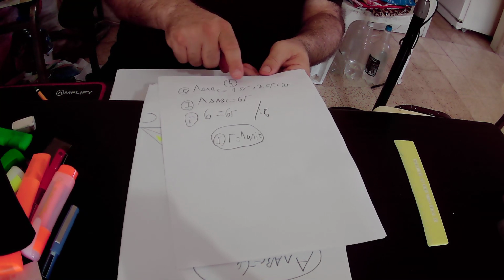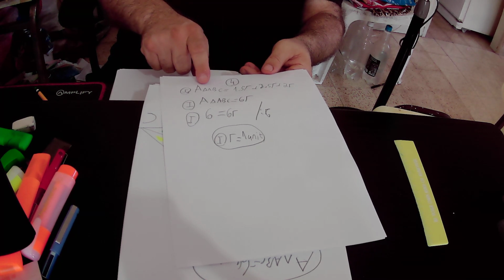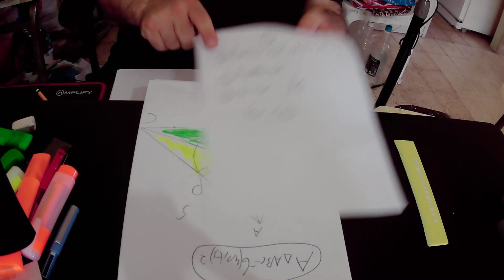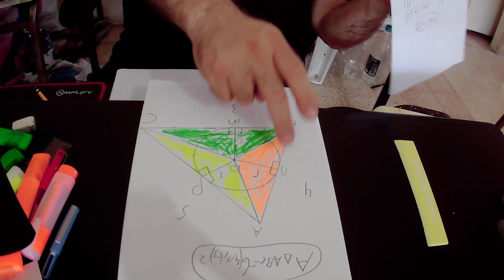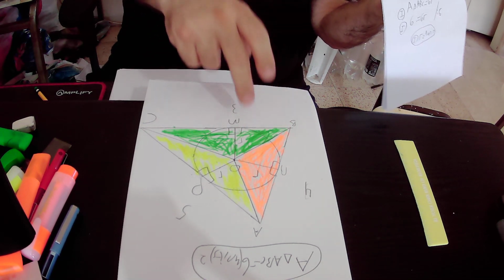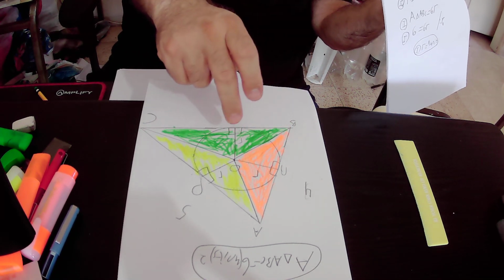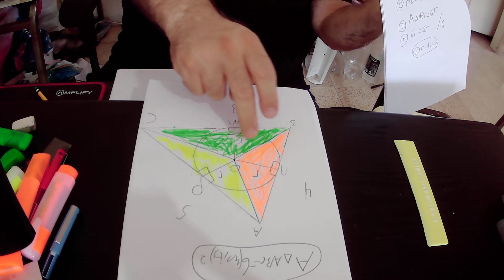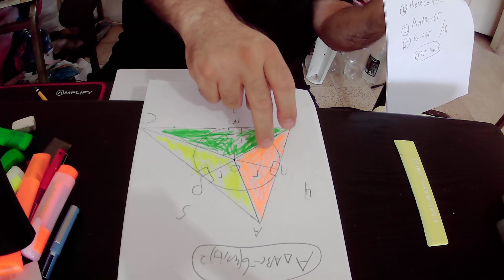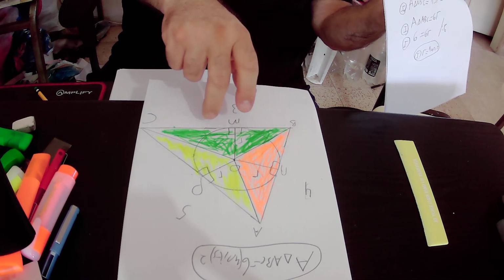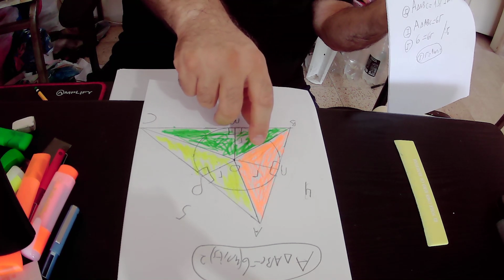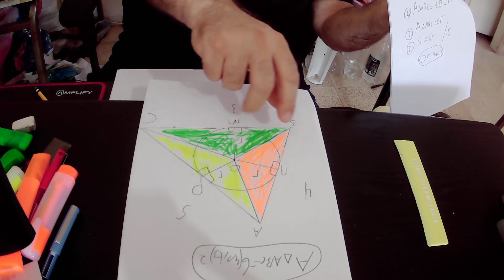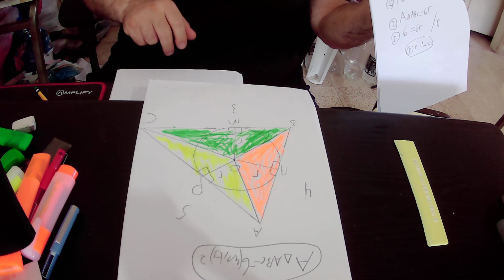So the sum of those 3 triangles equals the area of the big triangle ABC, because the big triangle ABC contains those 3 triangles, the yellow triangle, the green triangle, and the orange triangle, and the sum of the areas of those 3 triangles equals the area of the big triangle ABC.